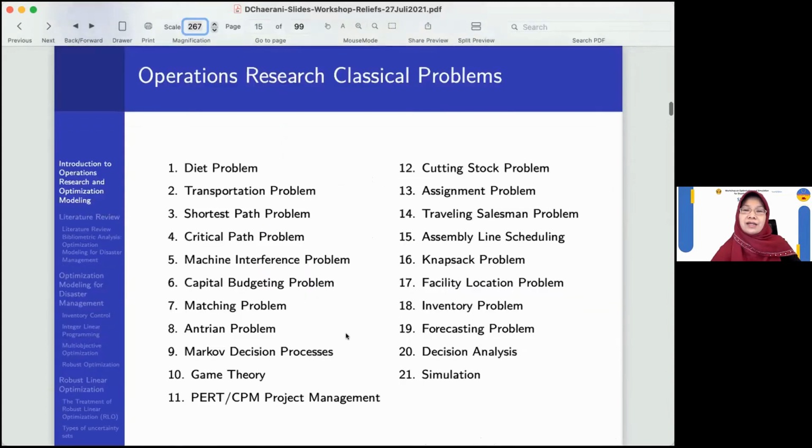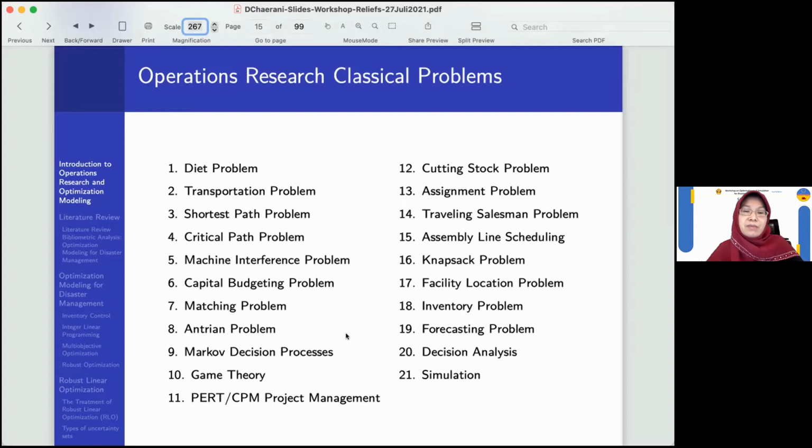And then now we have classic problems in operational research. So the approach that we can take when we are doing the OR model or optimization, usually we use a library of classical problems as problems that we can compare against, or we can create an analogy to the problem that we face.